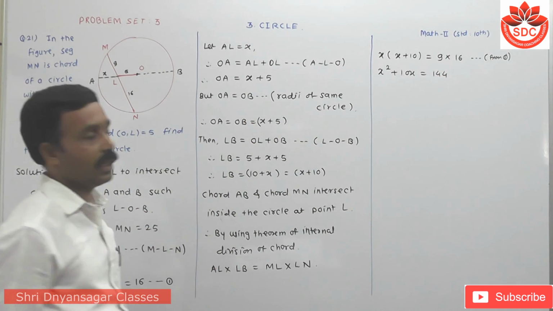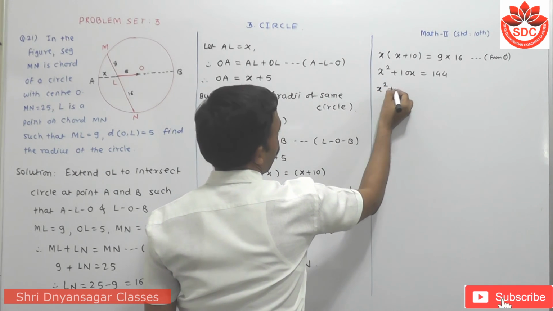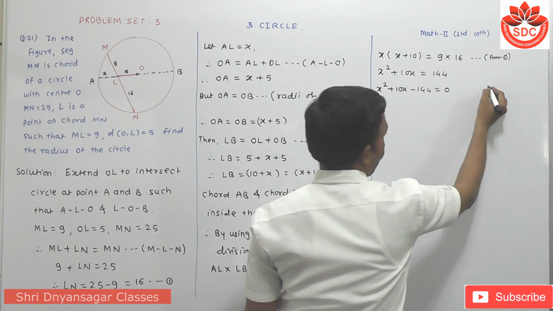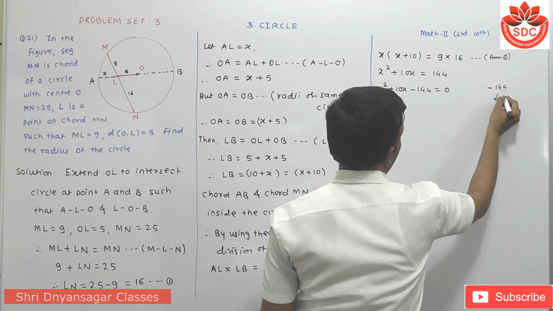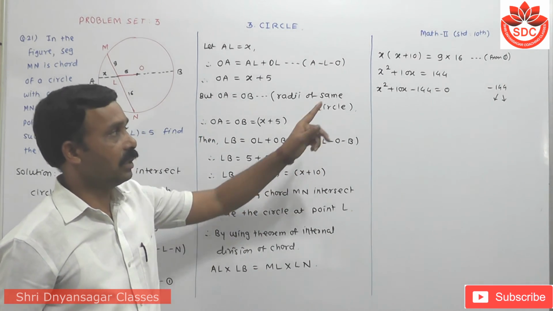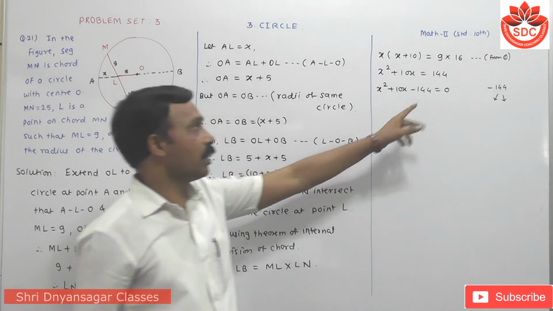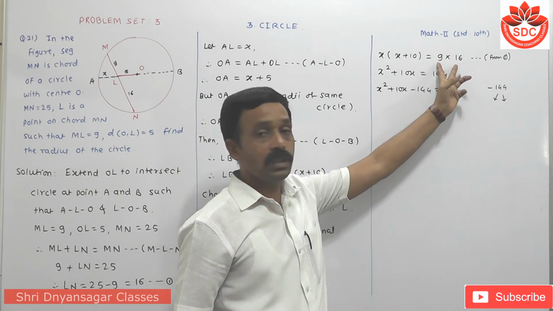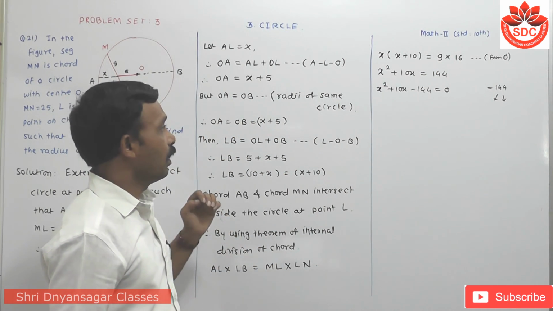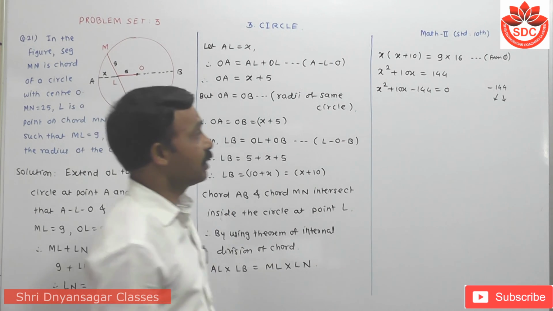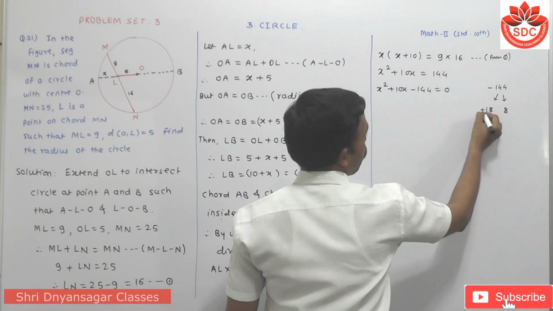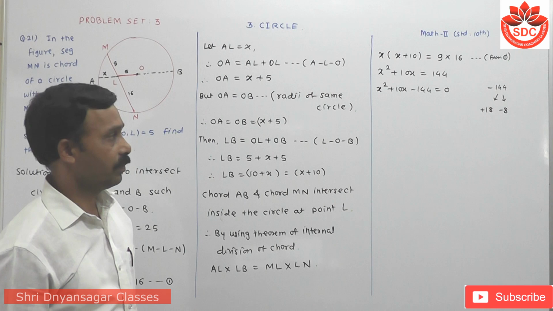Then transposing to the other side, we get x square plus 10x minus 144 is equal to 0. This is a quadratic equation. Find the factors of minus 144 whose sum is plus 10. Here 16 and 9 give 144, but the subtraction or addition of these two is not 10, so these are not the right factors. Then we take 18 and 8, which give 144. The sign is plus for the larger and minus for the smaller.